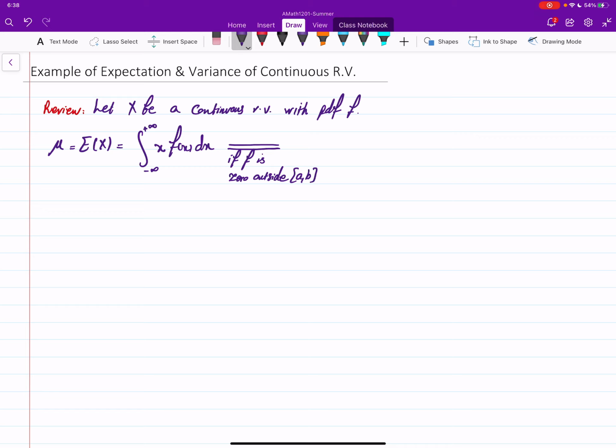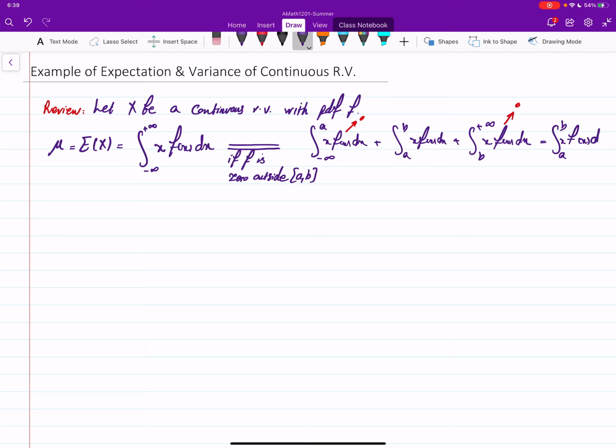Then you can turn that integral into three integrals: from negative infinity to a, from a to b, and from b to plus infinity, of xf of x, xf of x, and xf of x. But since we know it is 0 outside this interval, those must be 0. The only part that remains is just a regular integral on an interval.